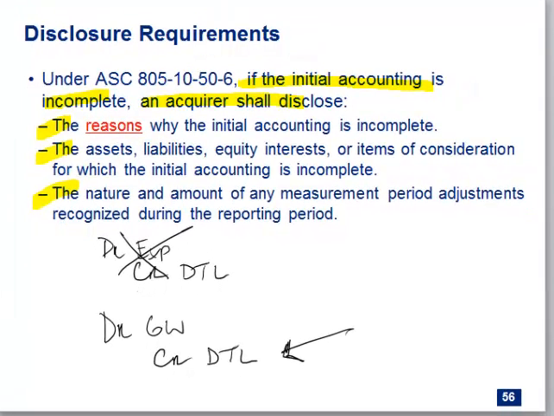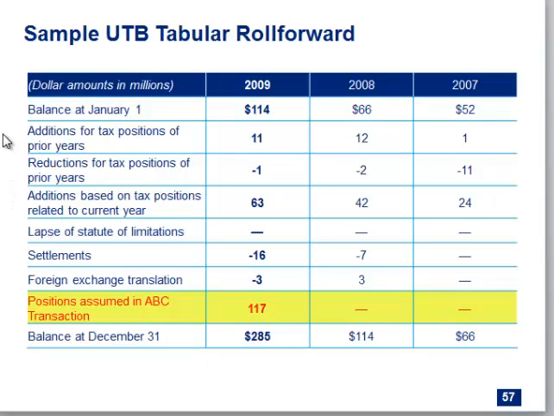So one of the other areas that a company will have to add some disclosures around will be their UTB roll forward. And you might remember this from, gosh, probably the third class, where we were talking about UTBs as being the exposure a company has, and the fact that they have to disclose in their footnote what those disclosures are.